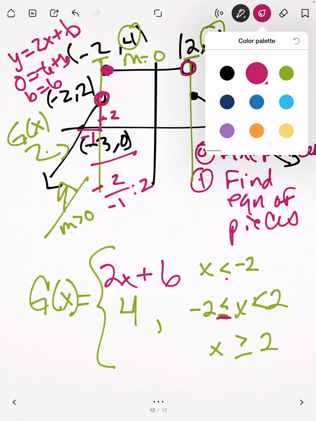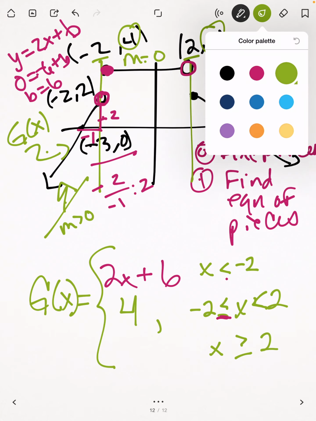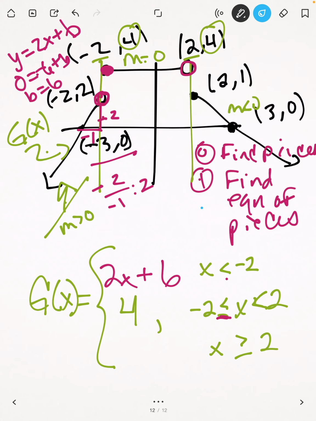And then we have our piece on the right. Let me pick a color I haven't used already. So we can use our same slope. Our rise now is from 2, 1, we go down 1 over 1. So our slope is negative 1, negative x plus, and we need a b.